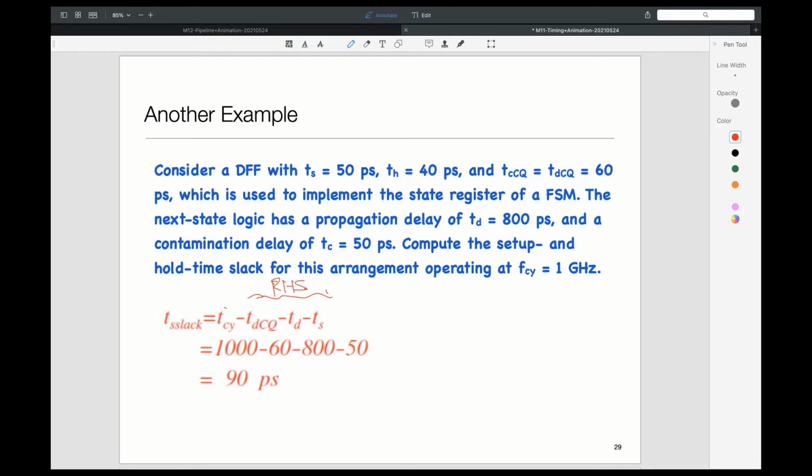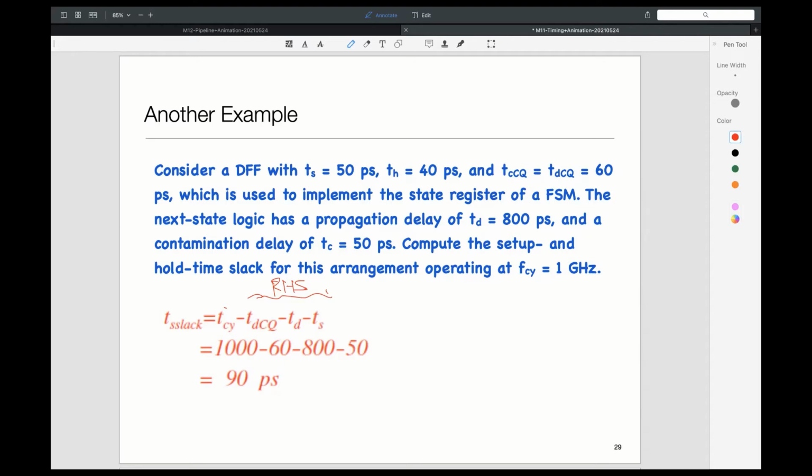TD is the propagation delay through the combinational next state logic, which is 800, and setup time currently is 50. We subtract and get 90 picoseconds. That means I can use a flip-flop whose setup time is 140 and I'll still be okay. Or I can use a next state logic whose propagation delay is 890 picoseconds, and I will still be okay.